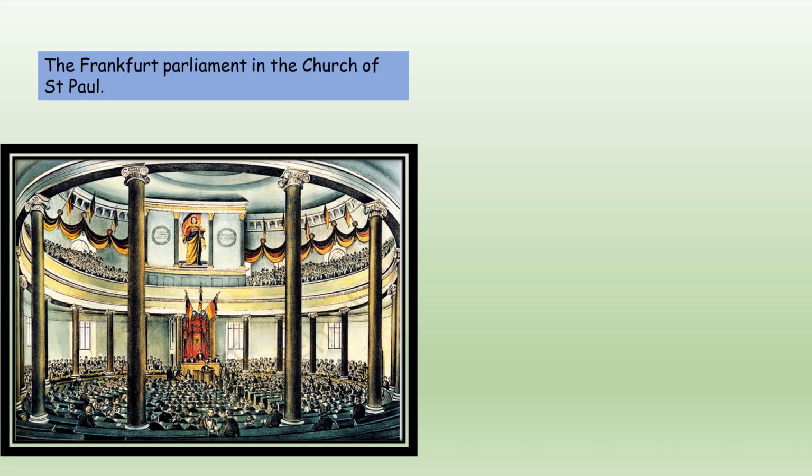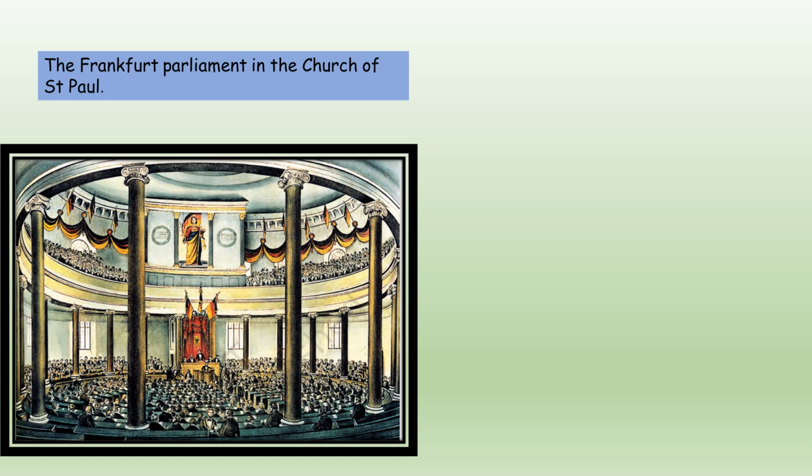So, on 18th May 1848, 831 elected representatives marched in a festival procession to take their place in this Frankfurt Parliament convened in the Church of St. Paul's.